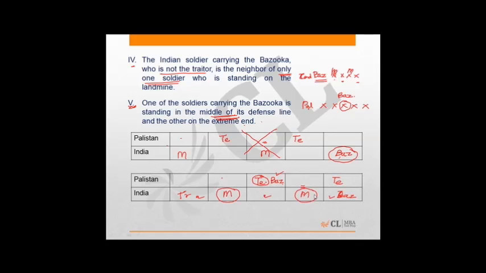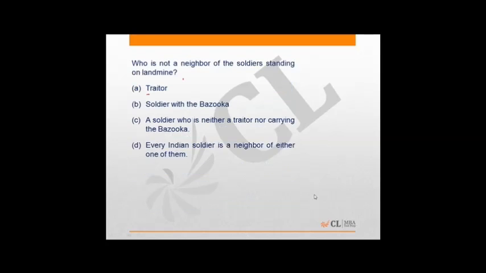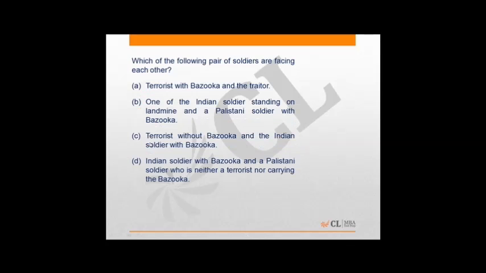So there cannot be a single Indian soldier who cannot be neighbor to the Indian soldiers standing on the landmine. So if you look at the options, traitor not possible, soldier with bazooka not possible, or soldier who is neither a traitor nor carrying the bazooka also not possible. Every Indian soldier is a neighbor of either one of them, right?